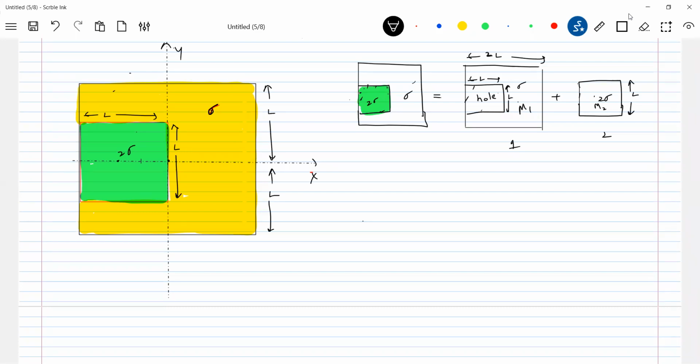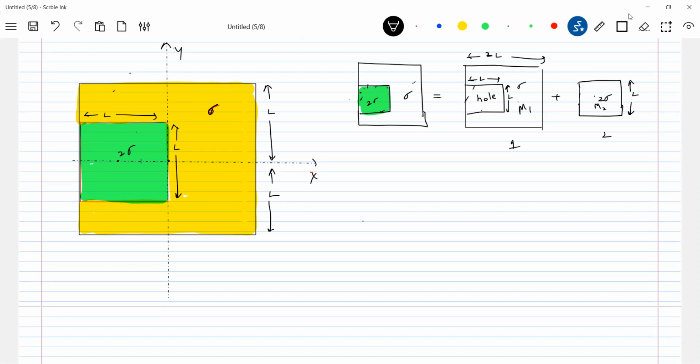Why, sir, why did you bring this? I think this was the mechanism, no? Or any other method? Can we assume this in another way? A square plate of surface density sigma without any hole, plus a square plate of side length L and density sigma placed on it.